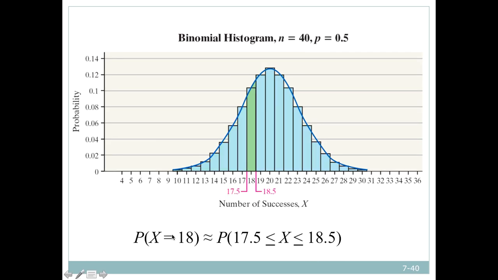The same is true if I want the probability that x is just equal to 18. That would be just this bar here, so I take the probability that x is between 17.5 and 18.5. Basically I'm overestimating a little here and underestimating a little here, but they make up for one another.